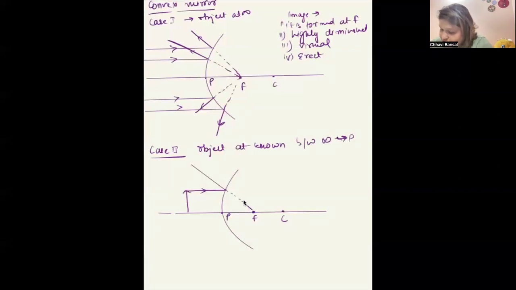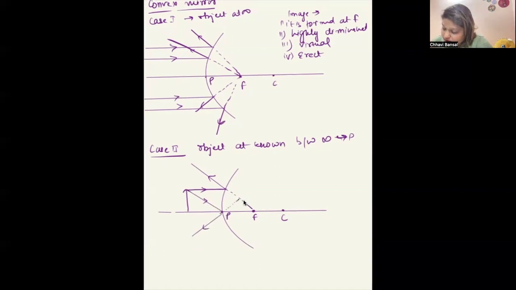Let's put the second ray to the pole. So the pole one we know goes back at the same angle. So this is the image. Now, if I retrace this, this is where it appears to meet, right? So the image will be formed here between pole and focus, right?